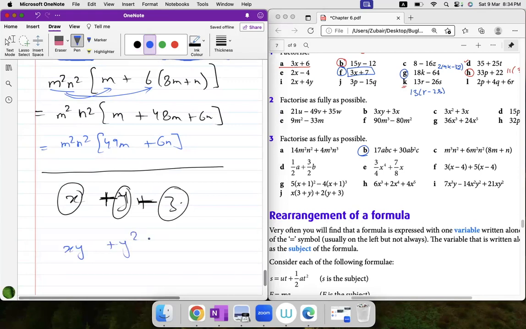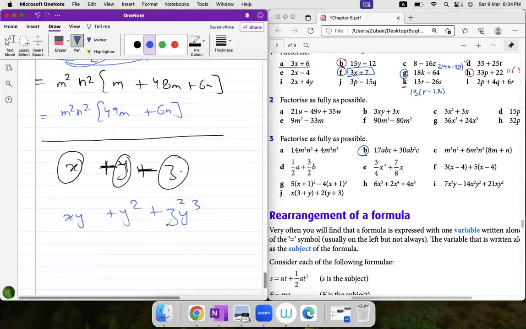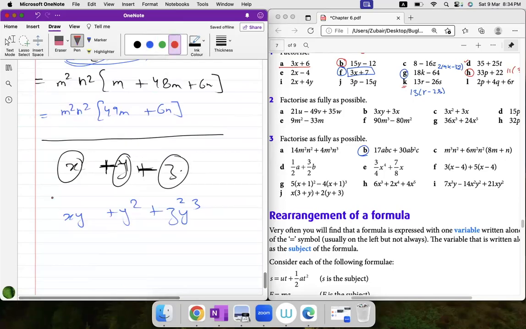Xy plus y square plus zy cube squared. These are still three terms. If I write xy into 1 plus 2, I will deal with this as one term.